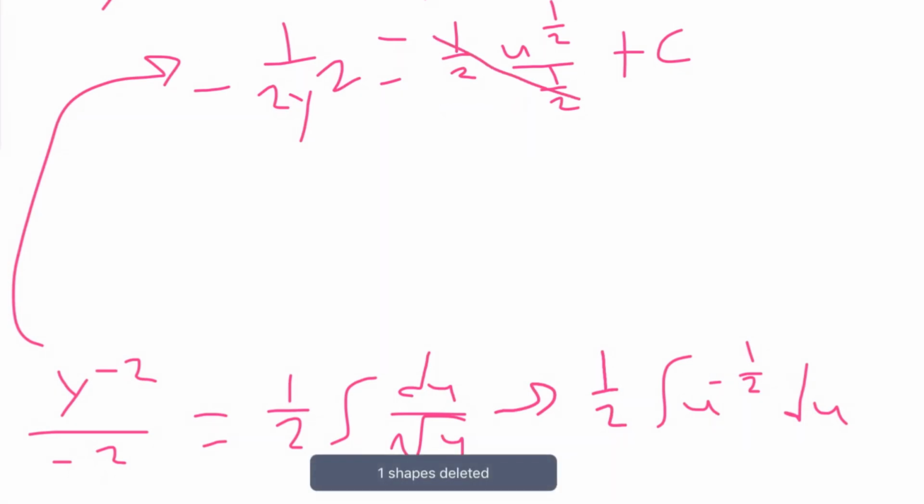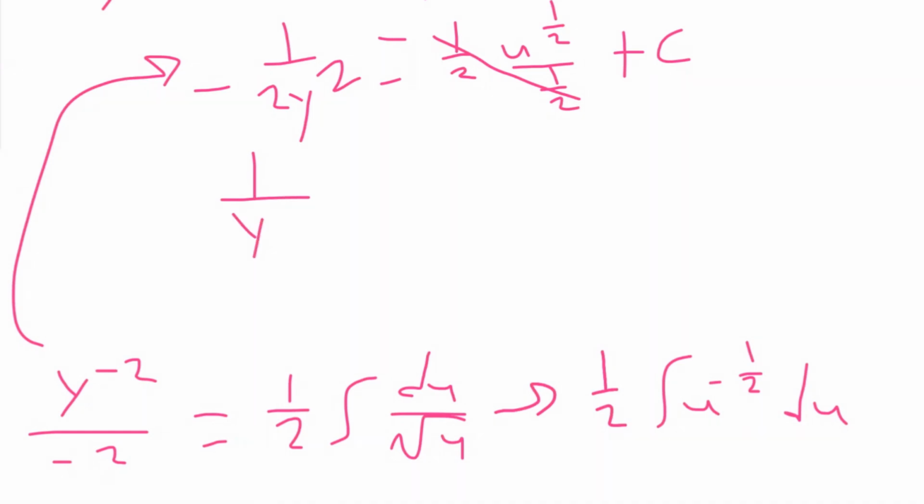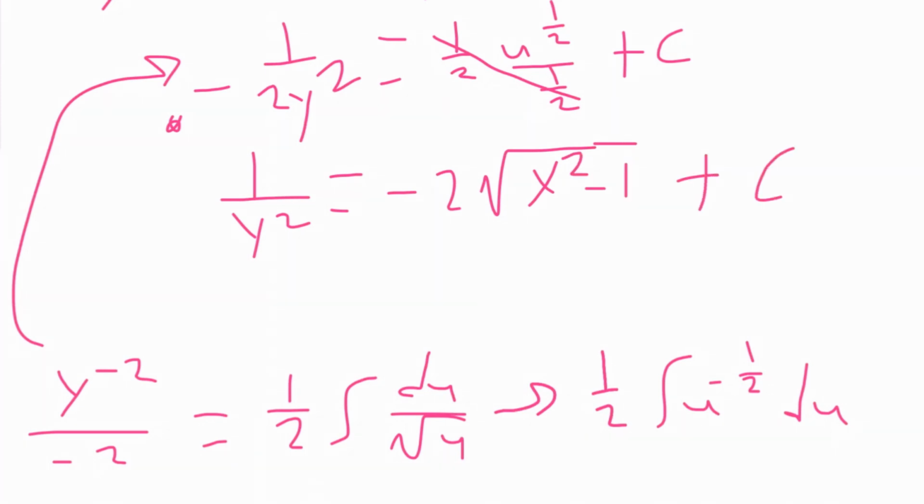Since we replaced u with x squared minus 1, let's resubstitute that back in. To simplify further, 1 over y squared is equal to minus 2, because we multiply the 2 over here, times the root of x squared minus 1 plus c. Now we could solve for c by using the initial value they gave us. So let's plug in 1 for y and 2 for x.